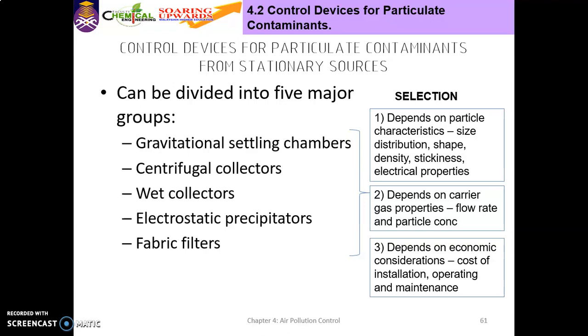Because when it is sticky, it will stick to the fabric, so the fabric will clog. Number 2 also depends on the carrier gas properties, the flow rate, and the particle concentration. And lastly, it depends on economic consideration, the cost and also operating and maintenance.